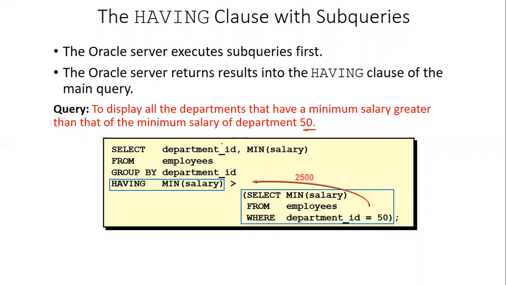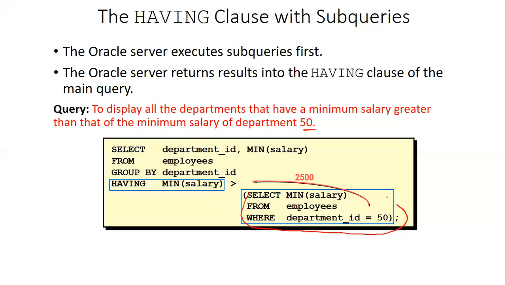Is that okay? So in that case you cannot apply the same condition that you were told earlier. In order to identify the minimum salary of department number 50, you can write this subquery.